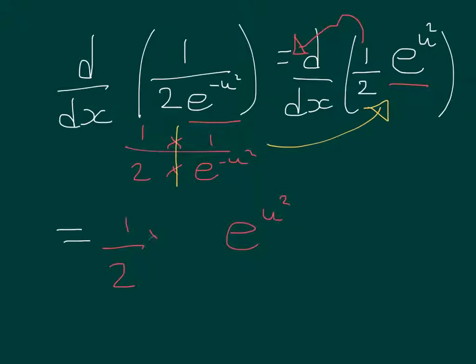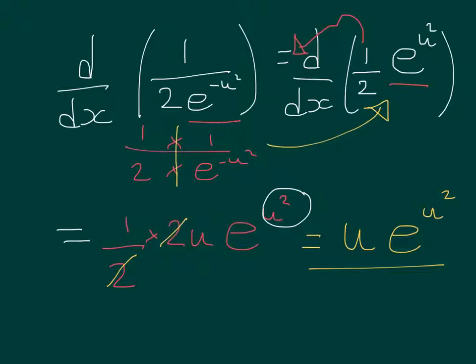But I need to multiply by the differential of the function inside the function. So that's u squared. So that's going to give me 2u. Now my 2's will cancel, and I'll just get an answer of u e to the u squared. Fabulous. Let's just try one more.